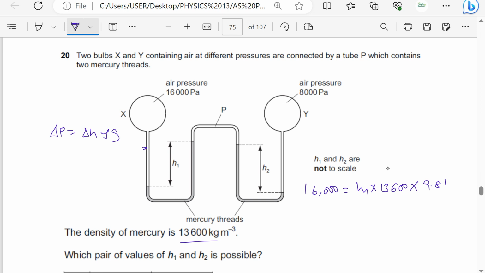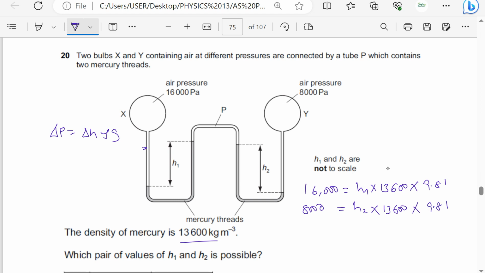On the right hand side, we have 8,000, which should be equal to the difference in pressure, which I'm going to call H2, times 13,600, then times 9.81.